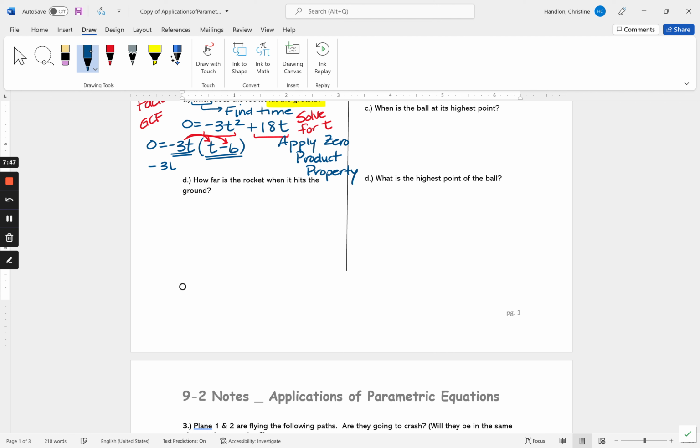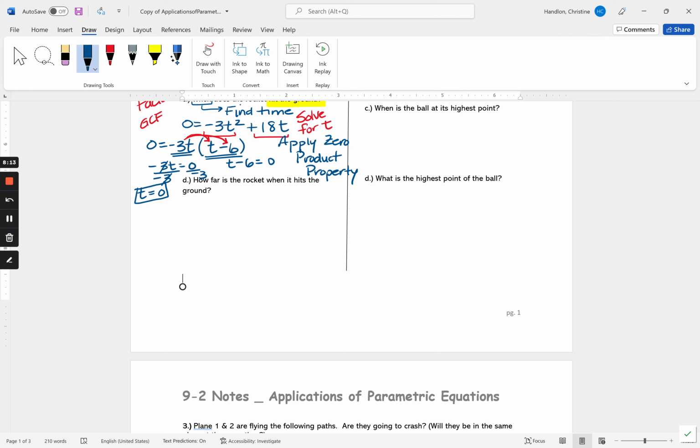Solving for t, the first equation is negative 3t equals 0. If I divide both sides by negative 3, then t equals 0. So there's one answer.